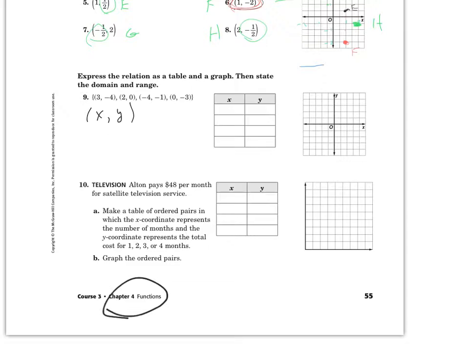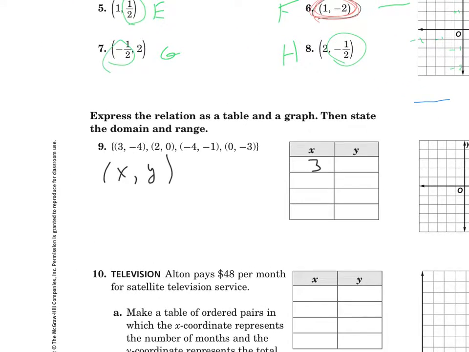The x coordinate in the first one is 3 and the y coordinate is negative 4.